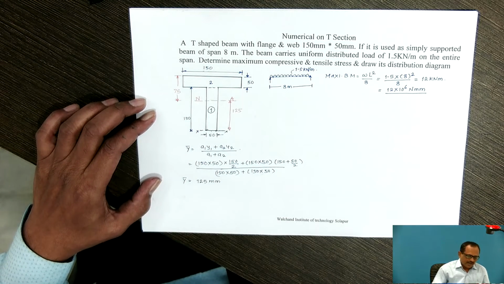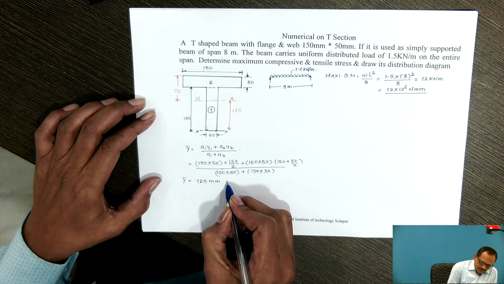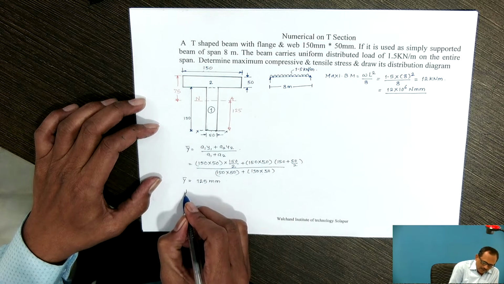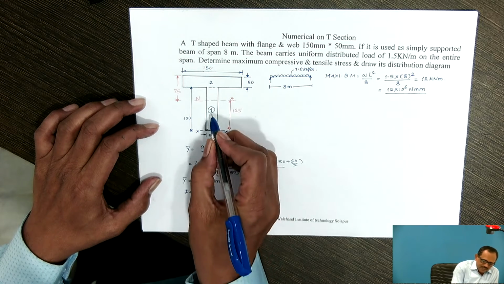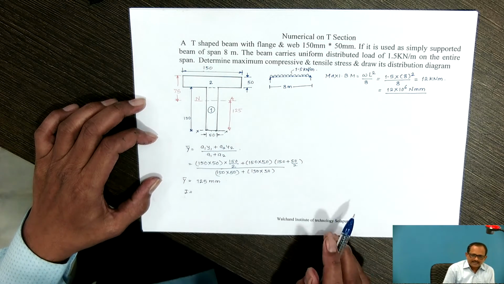Okay. And now after calculating the position of the neutral axis, we have to calculate the moment of inertia of this particular T section about the neutral axis.